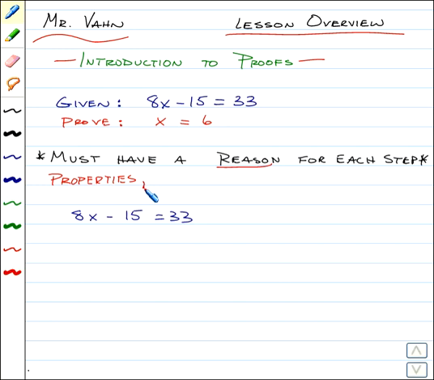So it could be any of the properties that we know from algebra and geometry. It could be a postulate, a theorem, or a definition. Again, we have to use one of those for our reasons.